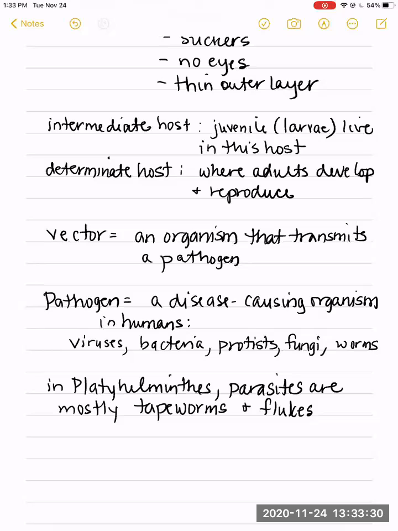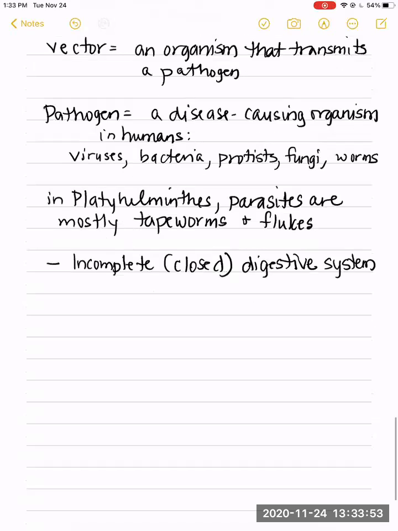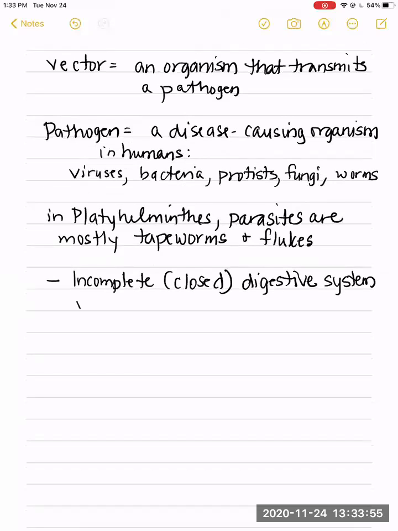Here's one more characteristic of all flatworms, and that is that they have what's called an incomplete or closed digestive system. So even though they have an intestinal tract, it's somewhat inefficient because they just have a mouth, no anus.